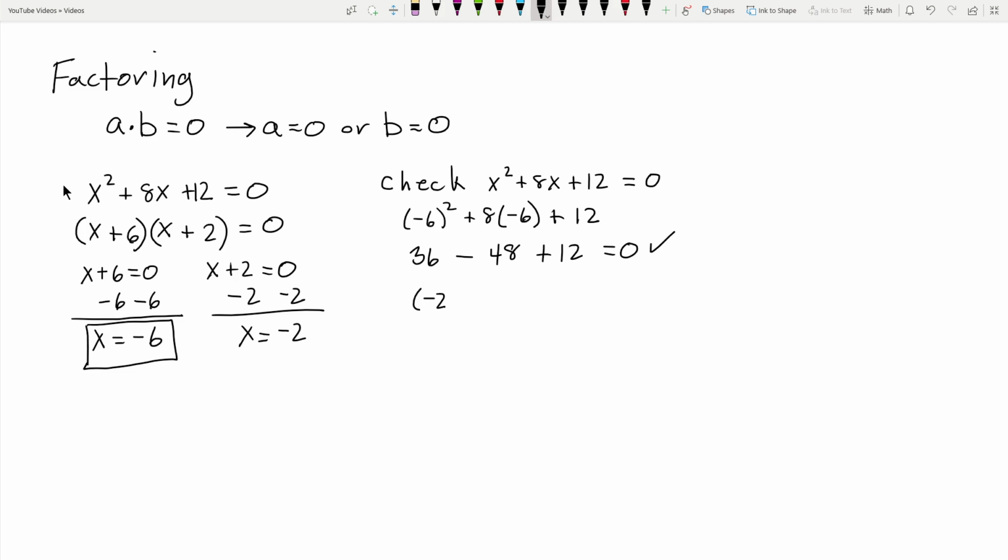All right, -2 squared plus 8 times -2 plus 12. And so that's 4. That's -16. That's plus 12. And again, add that up. That does indeed equal 0. So that one checks.